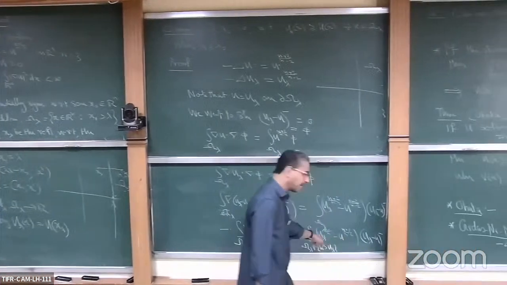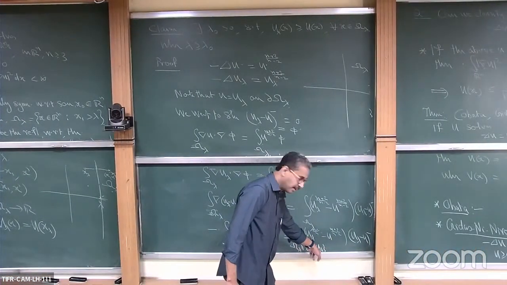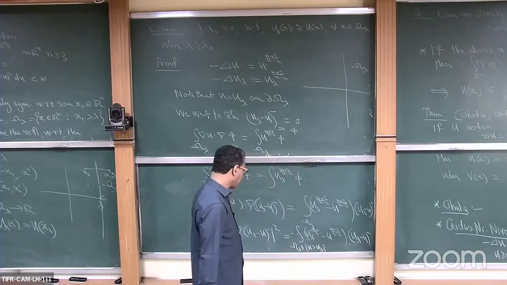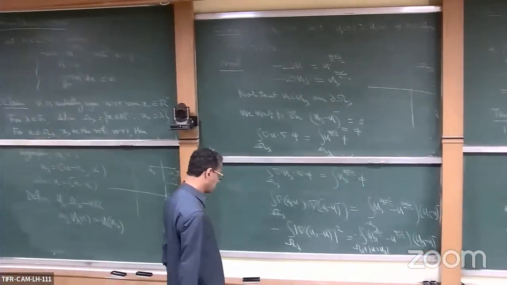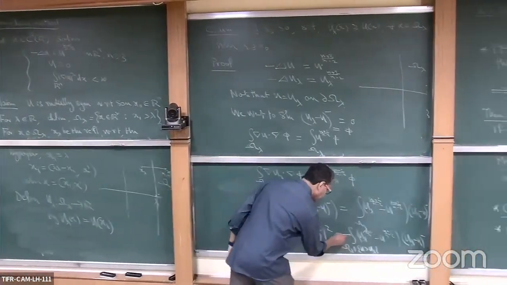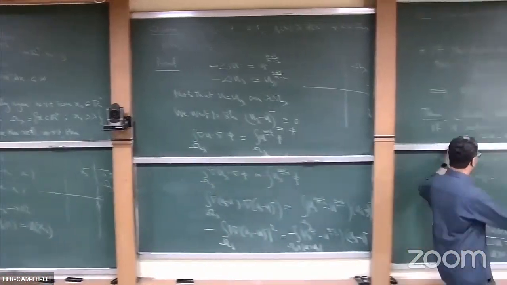So this is going to be a negative quantity, right? Because u is greater than u lambda. Yes, negative is on both sides, so then I can cancel.